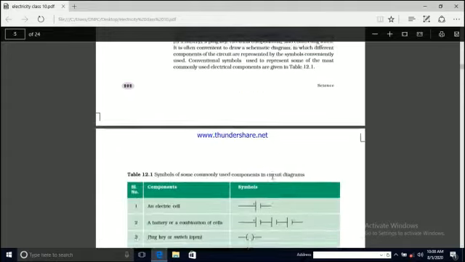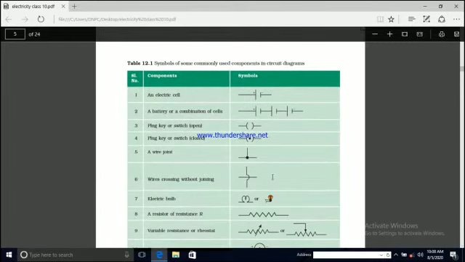Here you can see in the table which symbols we normally use for different electrical components. In Table 12.1, the first one is the electric cell. The electric cell is represented by two parallel lines, one long and one short.